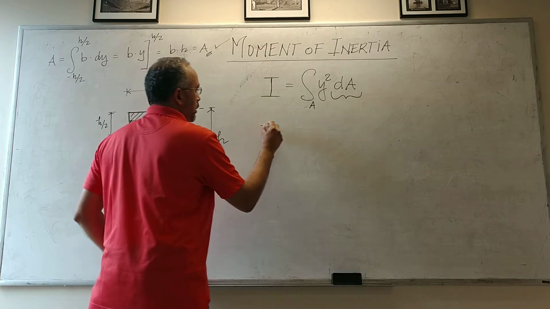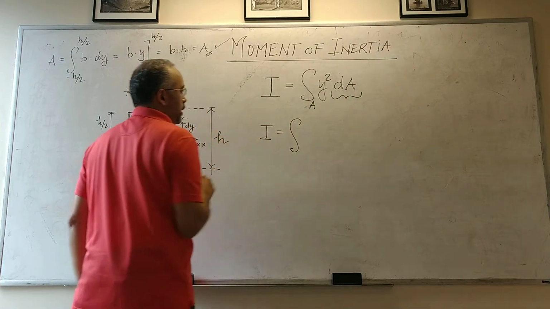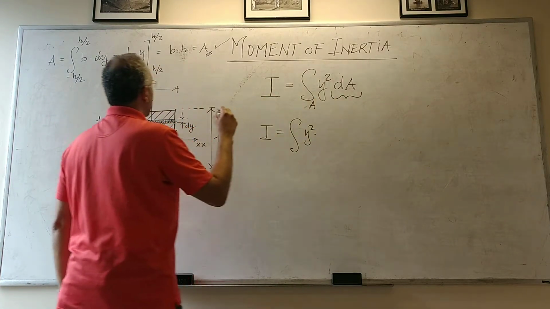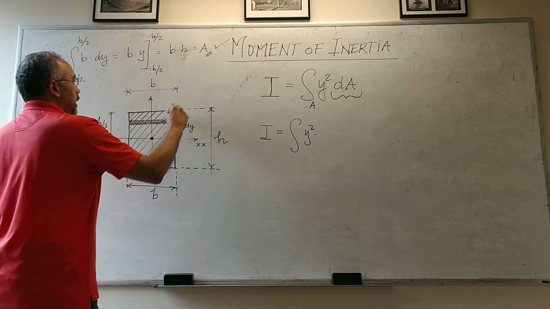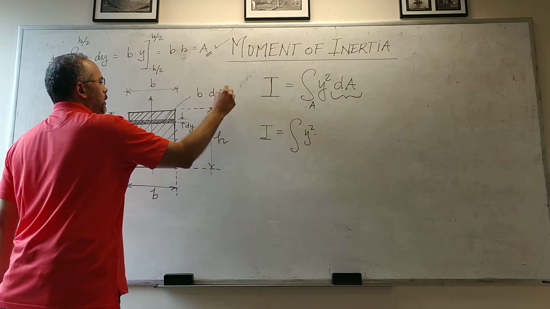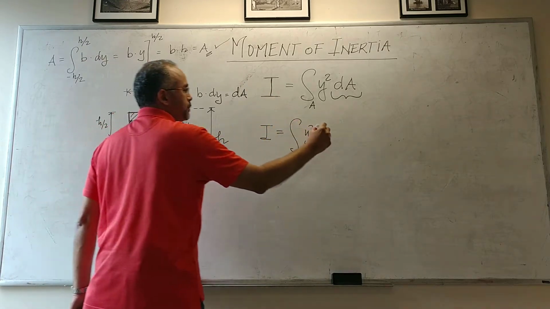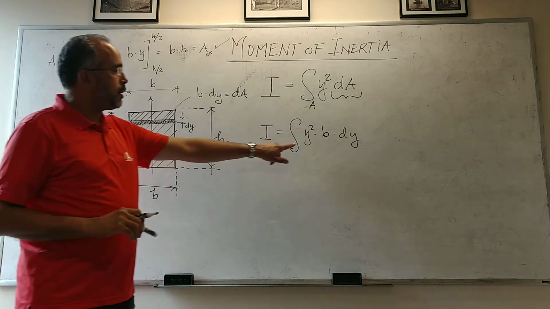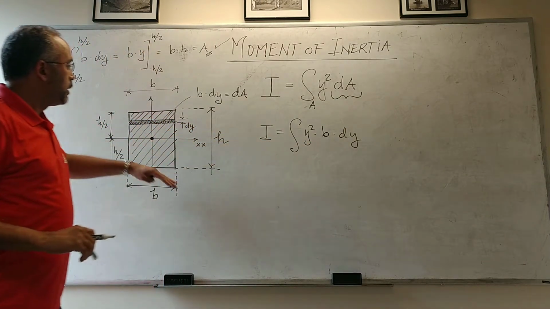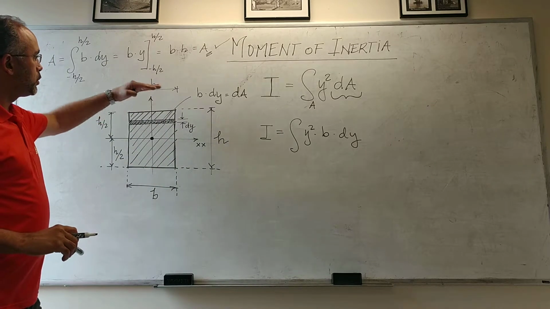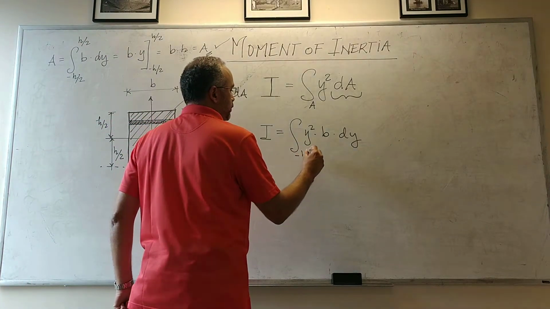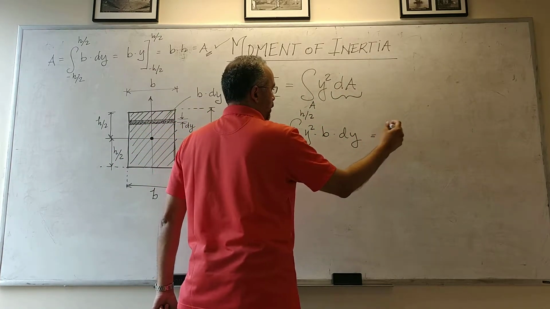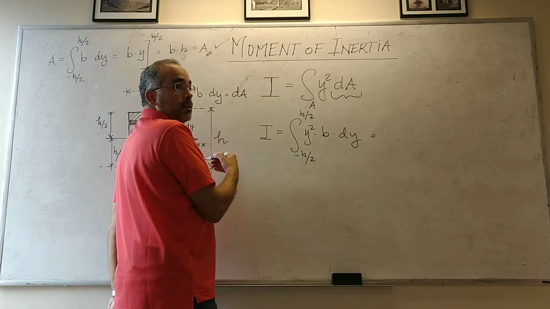And so in this case, the moment of inertia would be the integral of y squared times dA. And in this case, our dA, as we said, is b dy. And that integral, because it's formulated in terms of y, goes from minus h over 2 to plus h over 2. b is a constant, so it goes out.